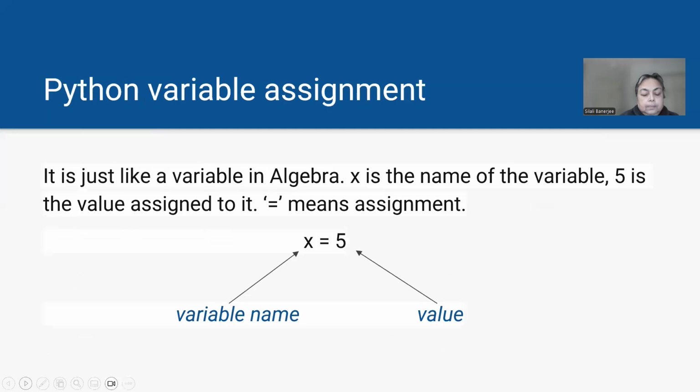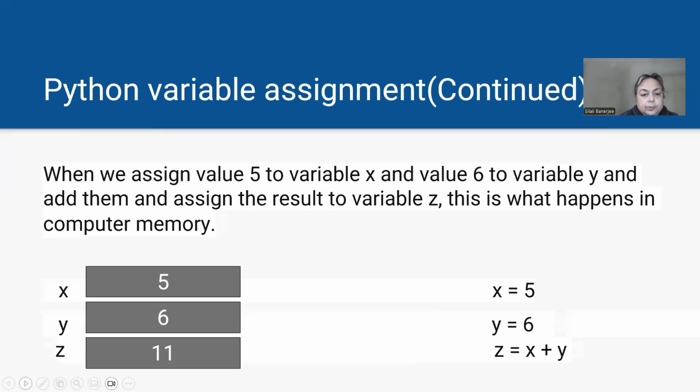So let's see. Yeah, this is what I was talking about. We already covered that. It's a Python variable, just like a variable in algebra. Now, inside the computer, the variable is really a location in memory where you store a certain value. In algebra also, a variable is a placeholder.